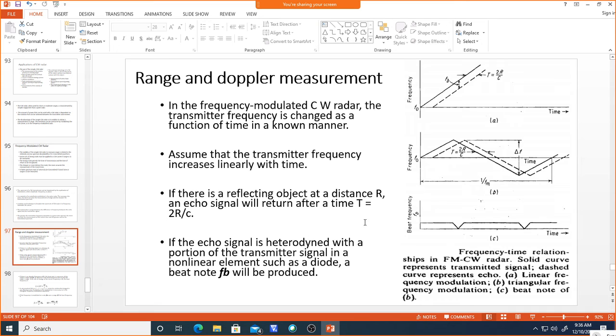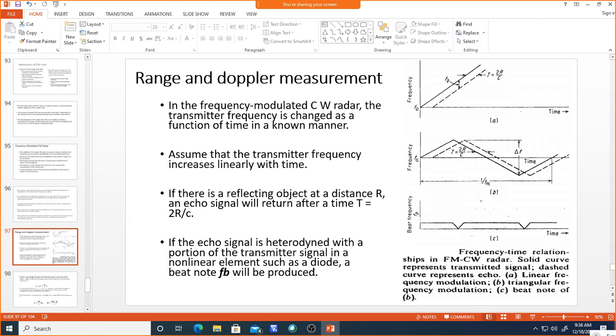Now if the echo signal is heterodyned with a portion of the transmitted signal in a nonlinear element such as a diode, a beat note frequency FB will be produced. The transmitted signal, which we call the reference signal, is given to the receiver side as the reference frequency.